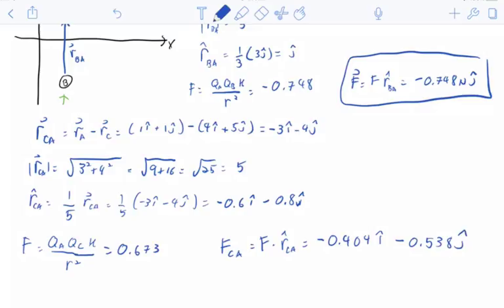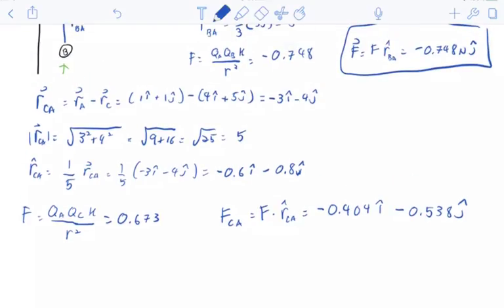Okay, so the total force is just going to be these two forces added together. Force BA plus force CA. Here, I'll just write it out. You don't have to do every intermediate step here. I'll address that in a second.